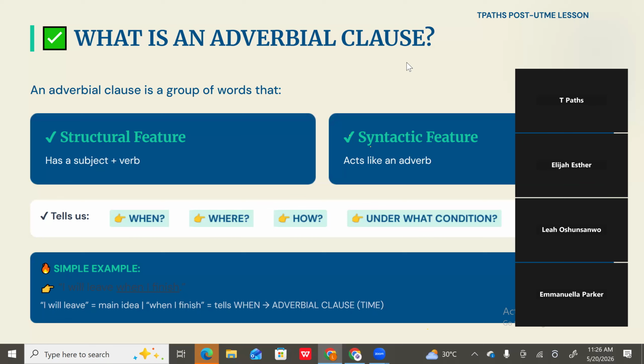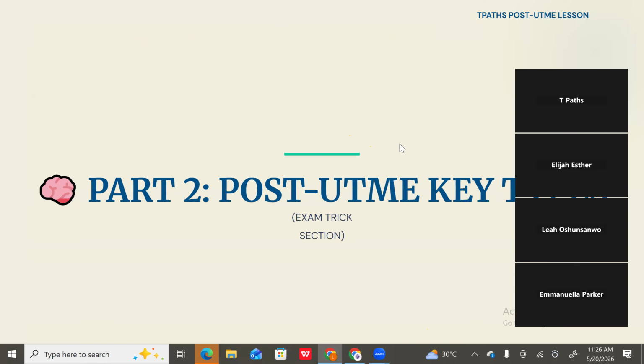Time. That's what we want to look at. So the examiner might ask you, what adverbial clause are you presented with? Is it the one that tells us the time, condition, or where, that's location, and all that? So let's continue. If you have any question, please do not hesitate to drop it on the chat box.